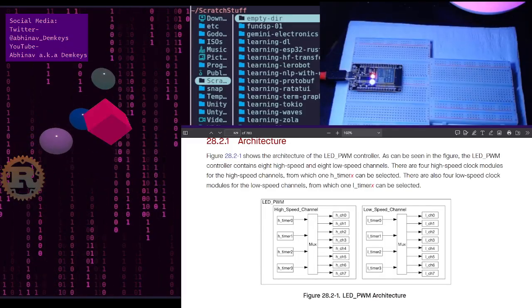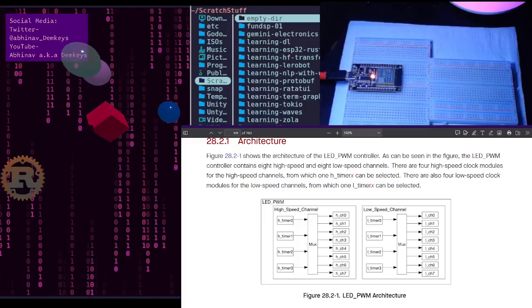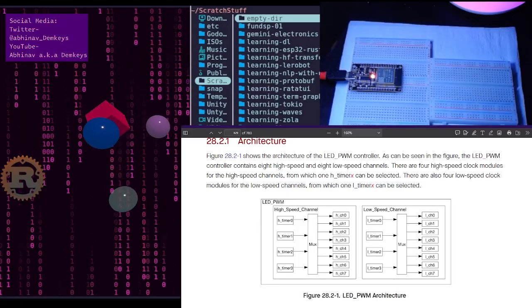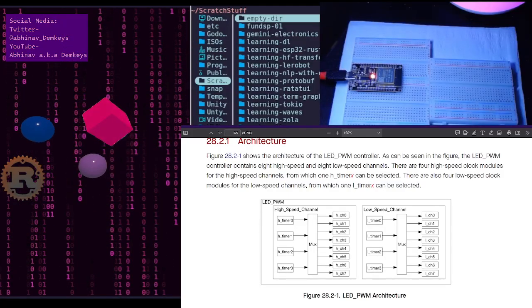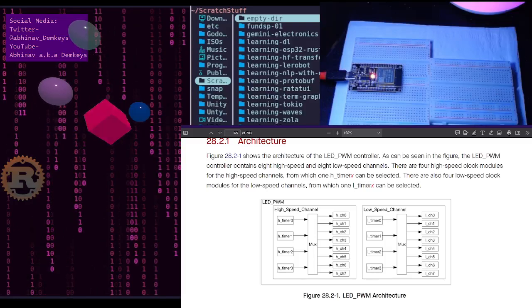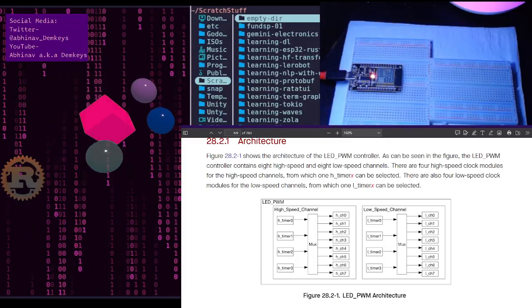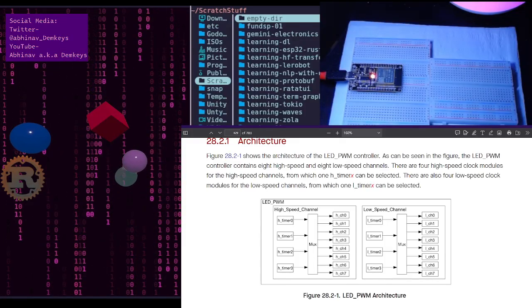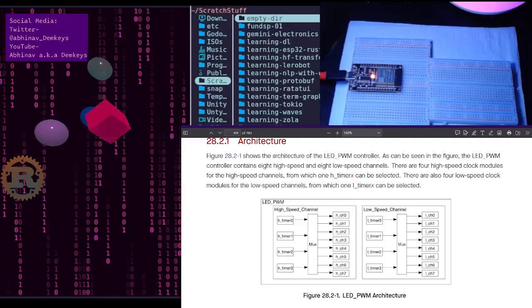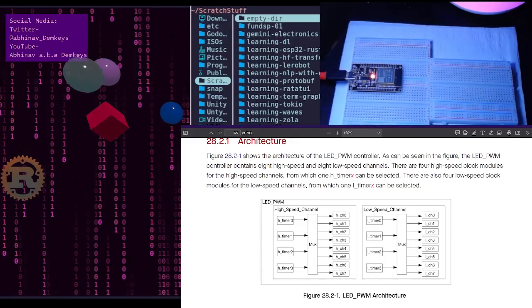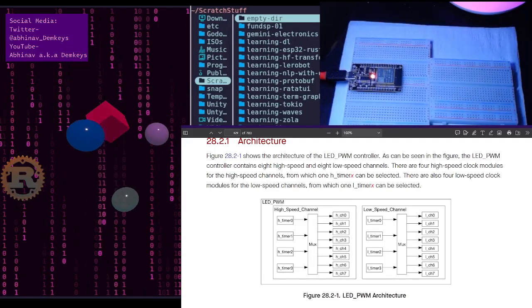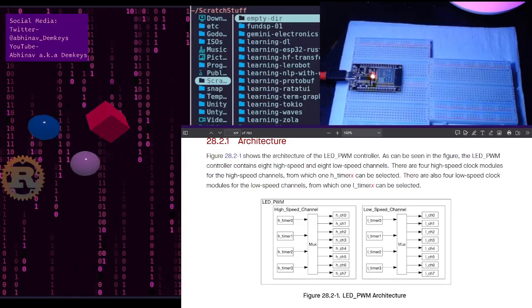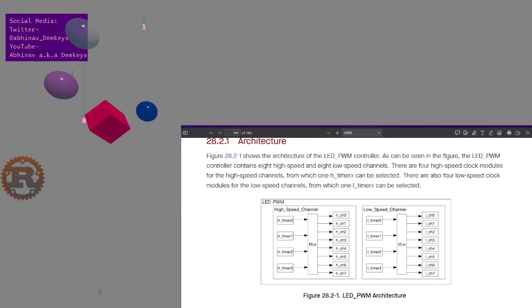MOSFETs are voltage controlled. Dude, hold up. If they happen to be voltage controlled transistors, well, okay, with an optocoupler, I can't control the voltage. I can control the current. I can't change the voltage that's being passed in.